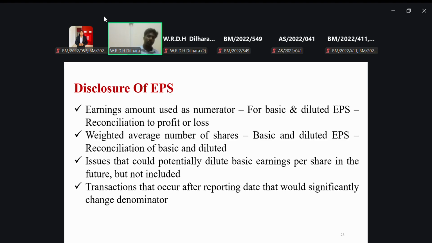In that we have to remove some, and we have to take some dilution effect or convertible shares. In that case, we need to reconcile that also, and instruments that could potentially dilute basic earnings per share in the future but are not included in diluted basic earnings.